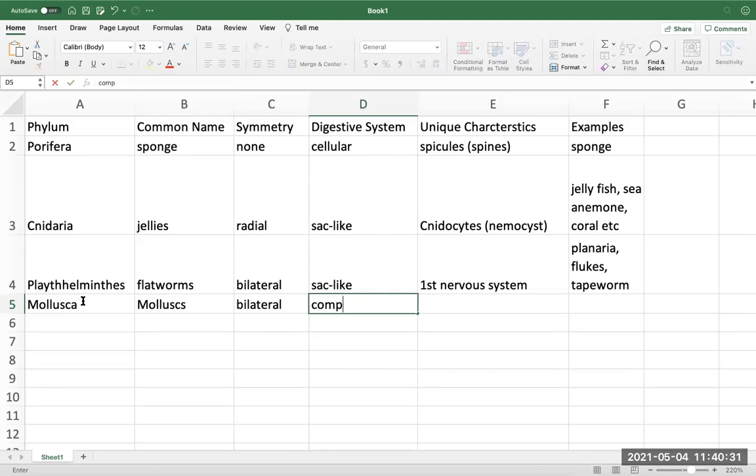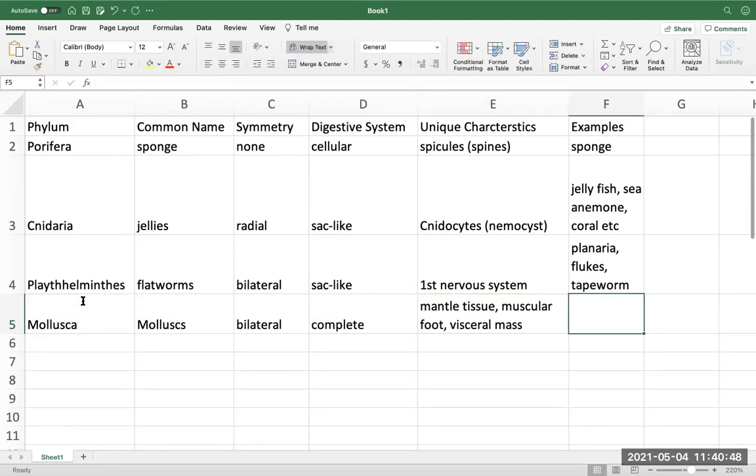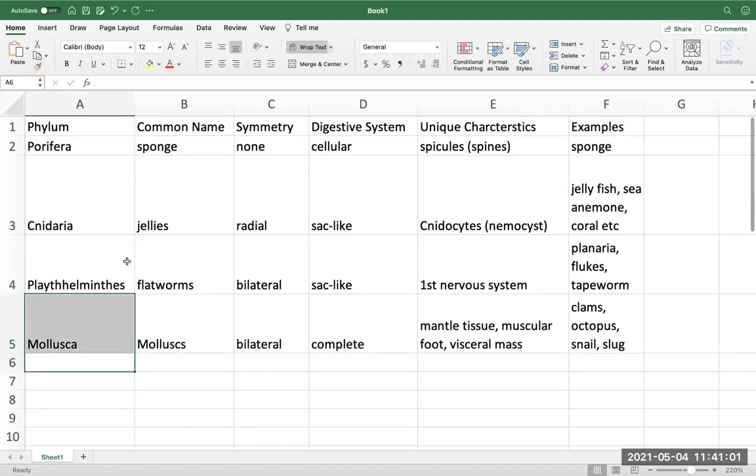It's going to have complete digestive system, and then unique characteristics: mantle tissue, muscular foot, visceral mass. Examples: clams, octopus, snails, slugs. There's some examples.